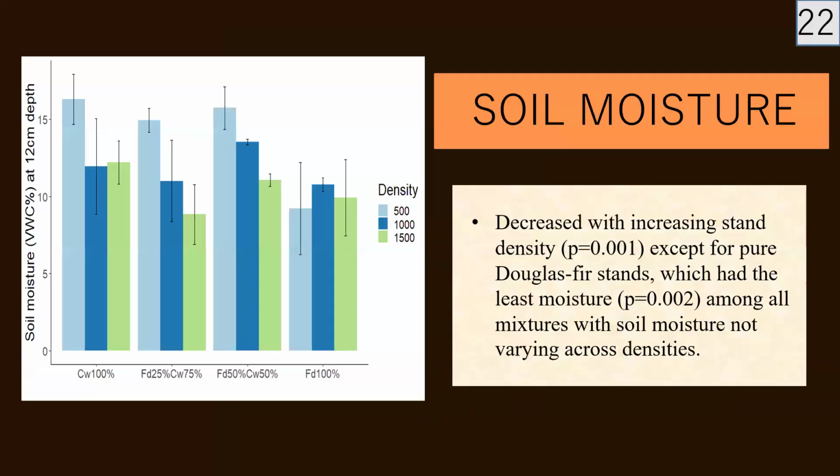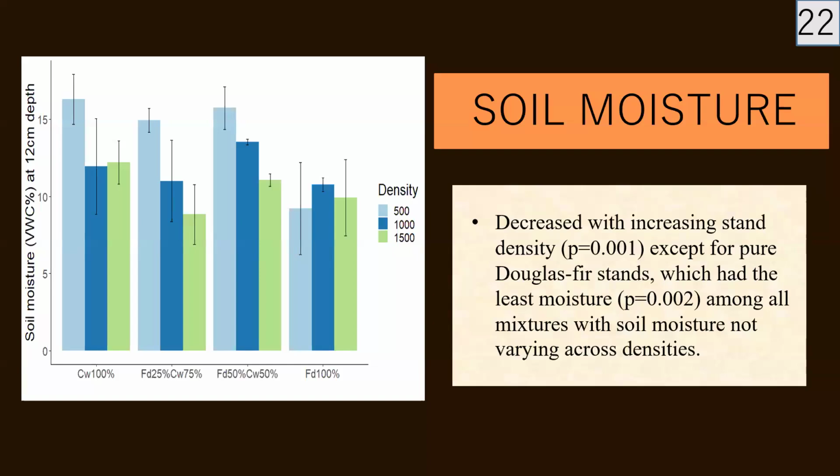Moving on to the results. Looking at soil moisture, we saw that soil moisture decreased with increasing stand density, except for pure Douglas fir stands, which had the least soil moisture among all mixtures, with soil moisture not varying across density. Soil moisture decreasing with increasing density means that if you plant your trees with less spacing, there will be more competition compared to trees planted with more spacing.